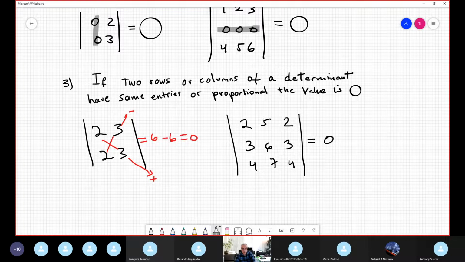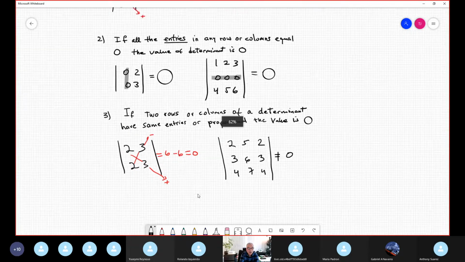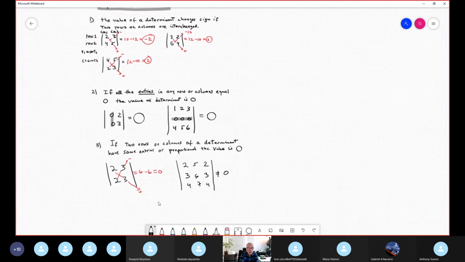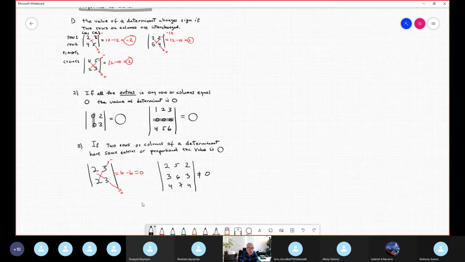We suppose it is not 0. Then we apply, for example, property number 1 that we studied here. Property number 1 says that when you interchange 2 rows or 2 columns, the value of the determinant changes sign. Suppose it is not 0, it is 5, for example. Suppose, hypothetical.